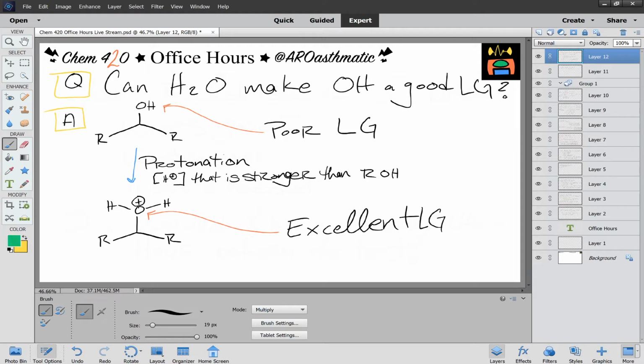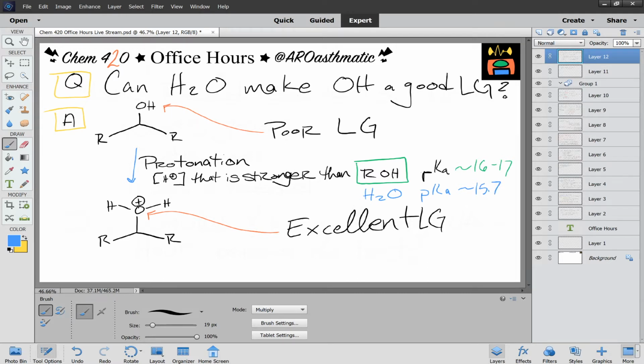Now, alcohol acidities are around their pKa range is around 16, 17. And when you look at the pKa of H2O, water has a pKa of, I believe, 15.7.